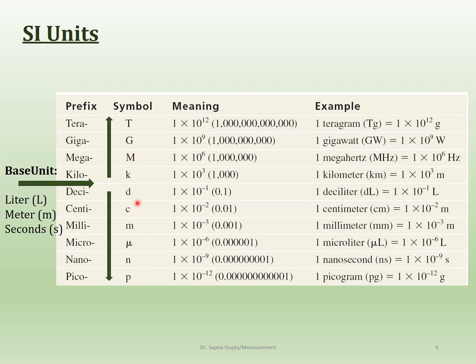Deci is not used that much, so you probably will not see too many problems with it, but kilo, mega, giga are used a lot, and definitely up till mega. And then centi, milli, micro, nano, these are used a lot. Pico is not used so much. So if I give you something for pico and tera, for example, it would be as homework, so you can look in your textbook. But for the other ones, you must know all the prefixes and what the quantities are that go with them. So these are your SI units, very standard.